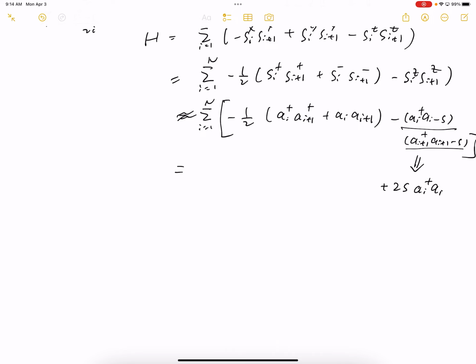First of all, it should be S times A_i dagger A_i and S times A_{i+1} dagger A_{i+1}, but because the sum is over all the i's, the sum over i+1 as a subindex is the same as the sum over i, because it's a dummy variable that's summed over. So I'm just going to simplify this to this. We are also assuming periodic boundary conditions, so you can see the i goes to n. That allows us to do the discrete Fourier transformation later.